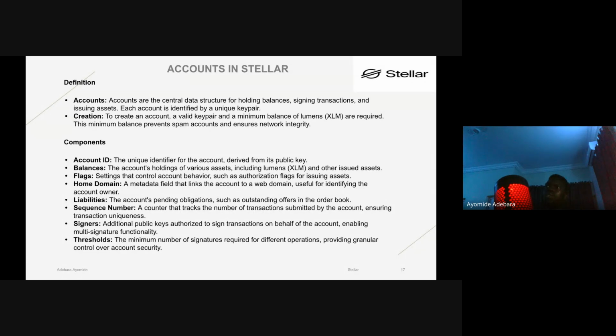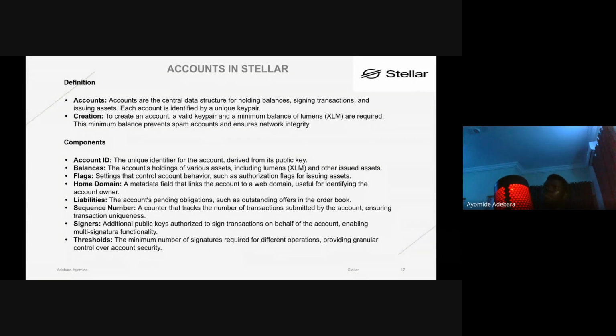While your account has access to your balances, you have to understand that the balance of your lumen is completely different from the balance of your normal smart contract token. Why? This is because your lumen is a native token, and that balance is literally embedded in the Stellar Core itself. And that's where you find the balance of an account.